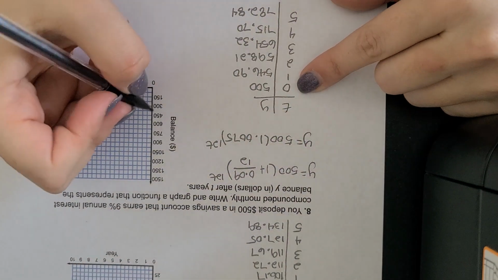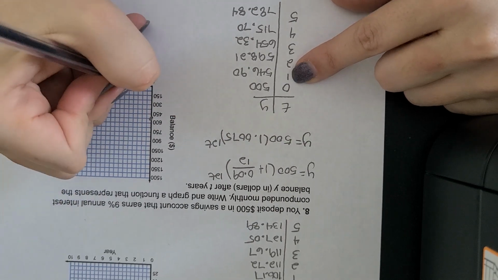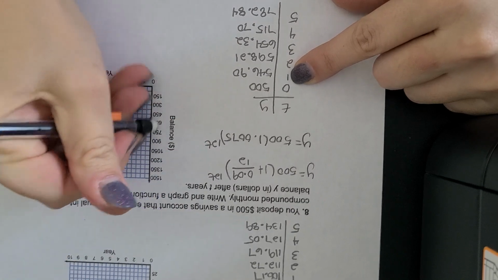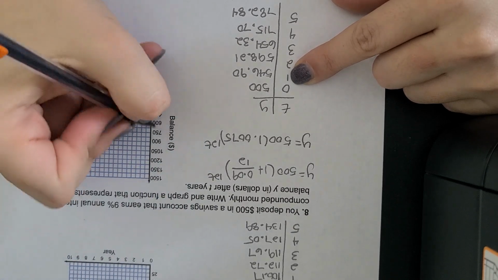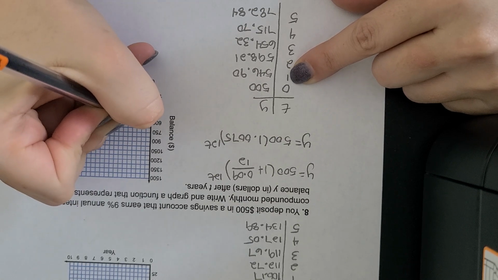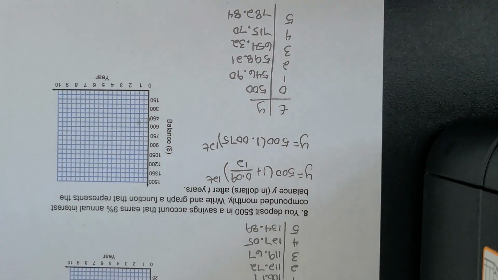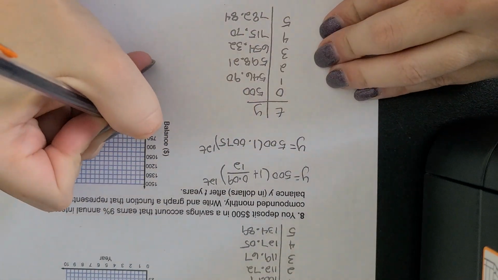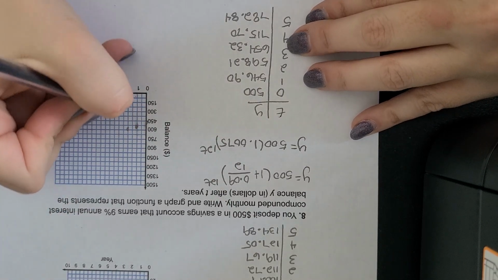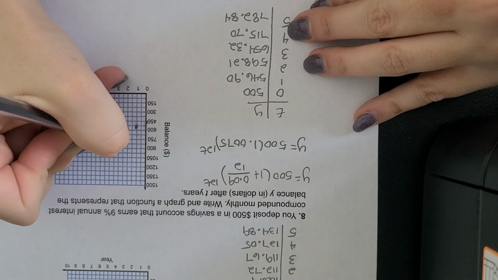Then you want to graph this. So 0, 500. 1, oh, that's not 500. 450 to 600. So this will be 500 down here. 1, 546. That'll be closer to up here. 2, 598. 3, 654. 4, 715.